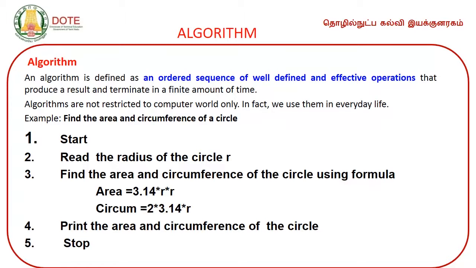In day to day life, we apply some logic or some method to solve the problem. In this way, for a numerical problem, we use algorithms for the computer. So, for example, if you are going to find the area of a circle, first we analyze the problem, the method of finding the area and finding the circumference.